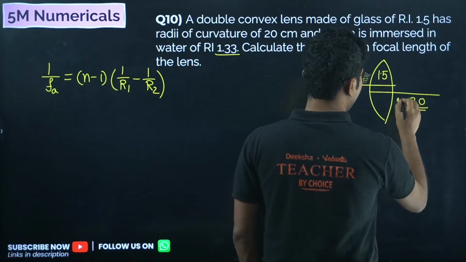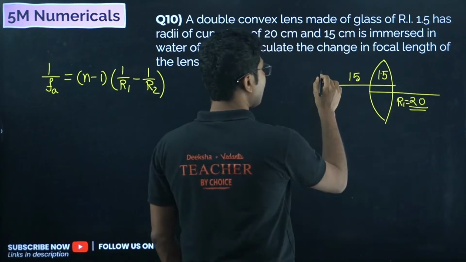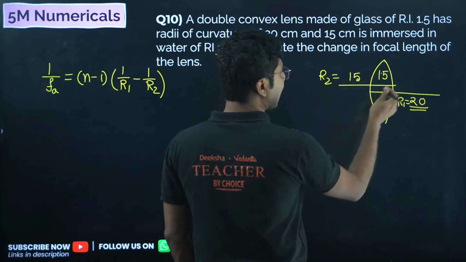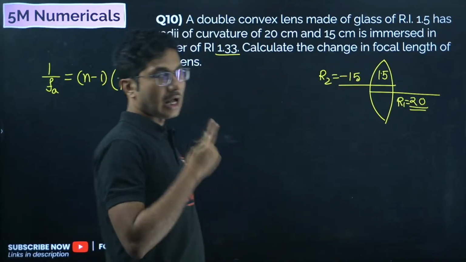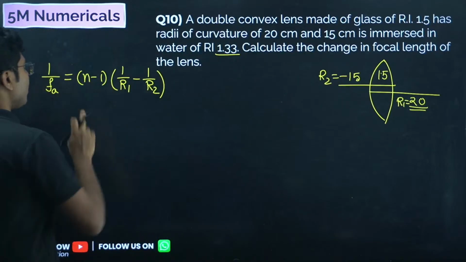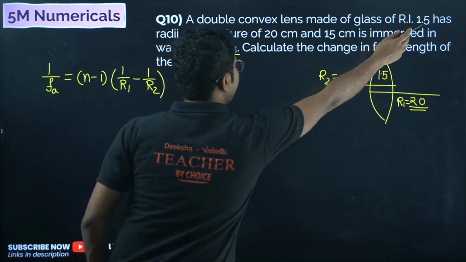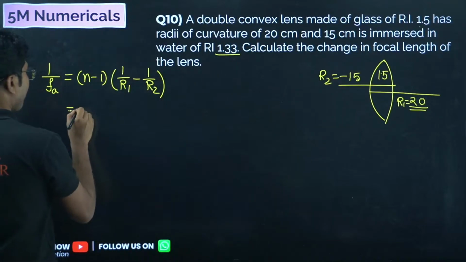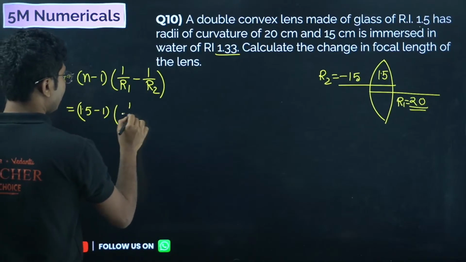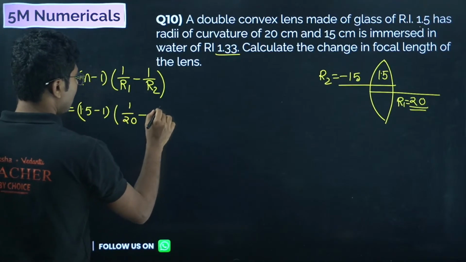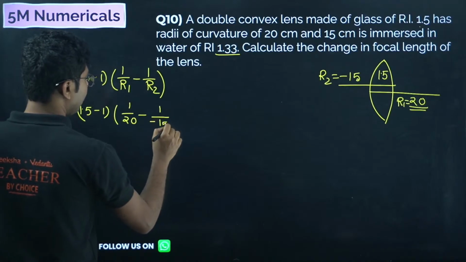R1 is 20. What about r2? If you see, r2 is in the opposite direction, so r2 will be minus. Now we put the values. Refractive index is 1.5 minus 1, so this will be 1 by 20 minus 1 by minus 15.